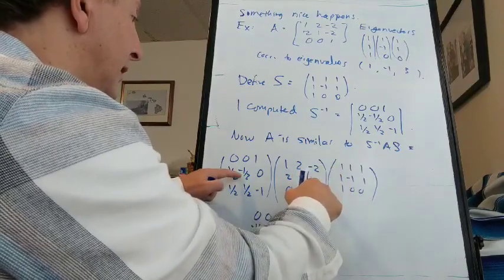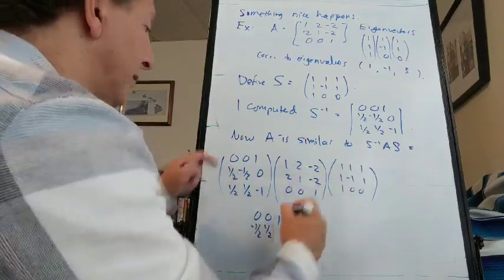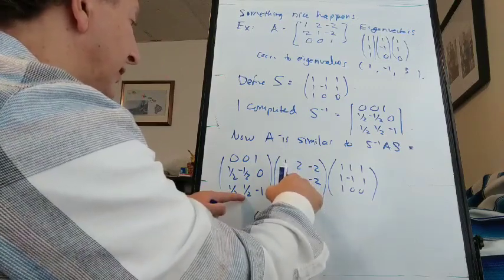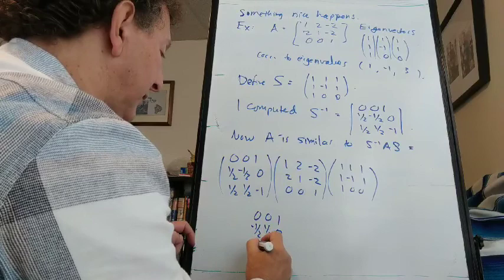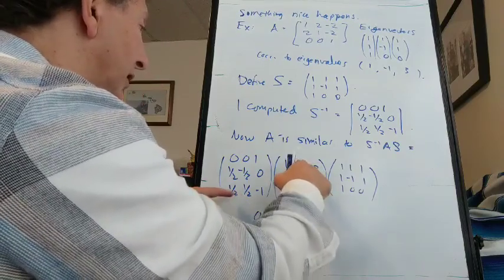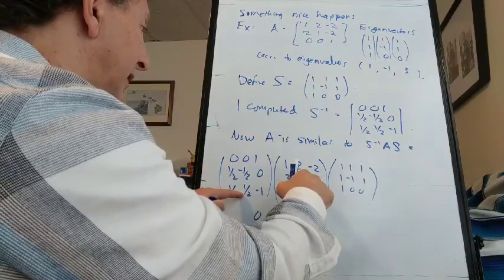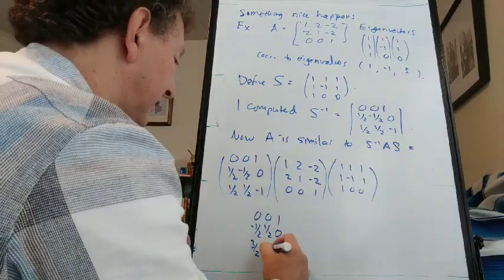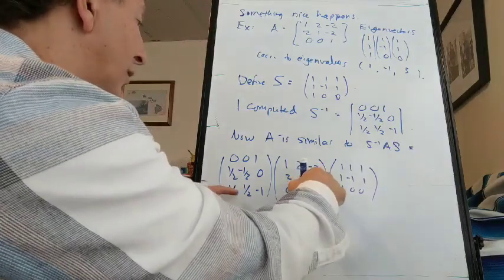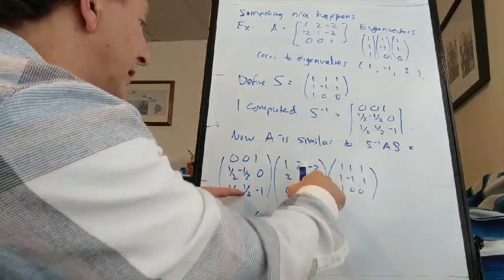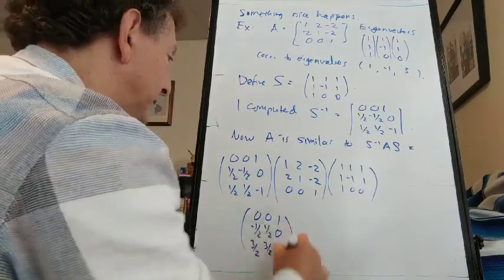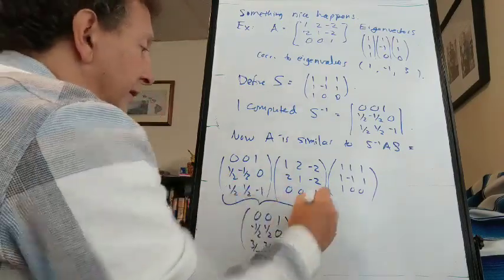Negative 1 plus 1 plus 0 is 0. 1 half plus 2 halves is 3 halves. 1 half plus 1 plus 1 half is 3 halves. And then negative 1 minus 1 minus 1 is negative 3. So that's the product of these two matrices.